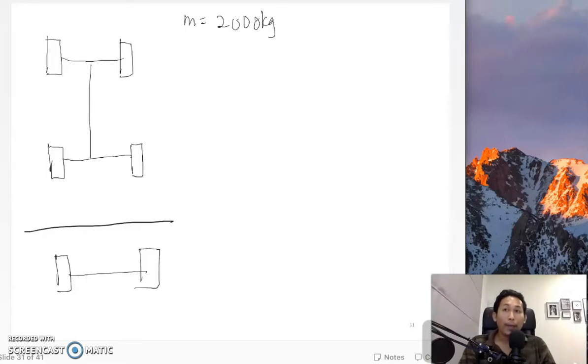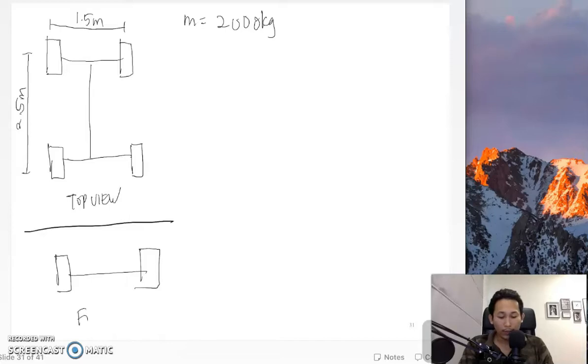From the slides, they have a wheelbase of 2.5 meter. The wheelbase is from front to back, this is 2.5 meter. And then we have the track width 1.5 meter, and the height of center of gravity.